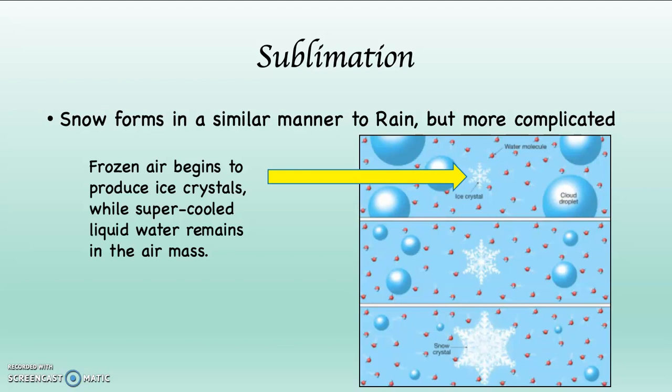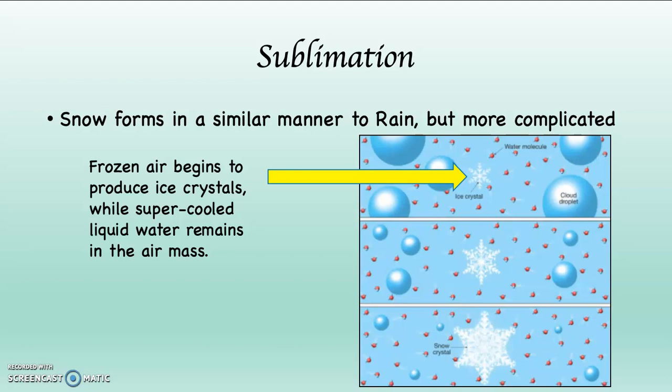But then the temperature continued to drop. And once the temperature went below 32 degrees Fahrenheit, instead of liquid water being squeezed out, ice crystals began to be squeezed out onto what would technically be called sublimation nuclei. It's the same thing. It's just that the temperature's lower. So now the cloud was made up of two things. It was made up of ice crystals and little droplets of water, both things.